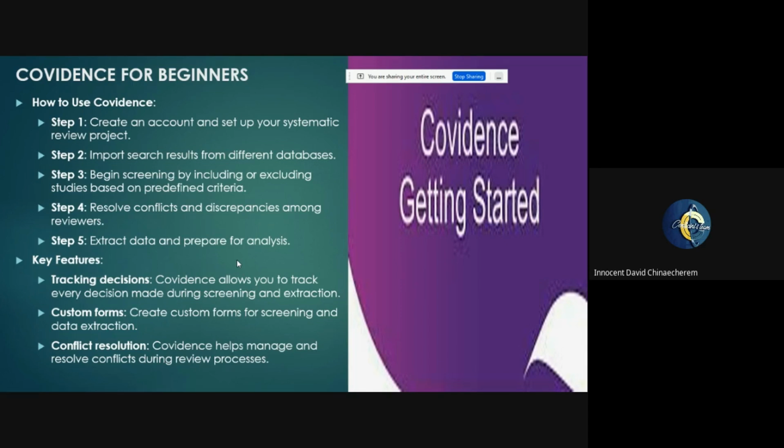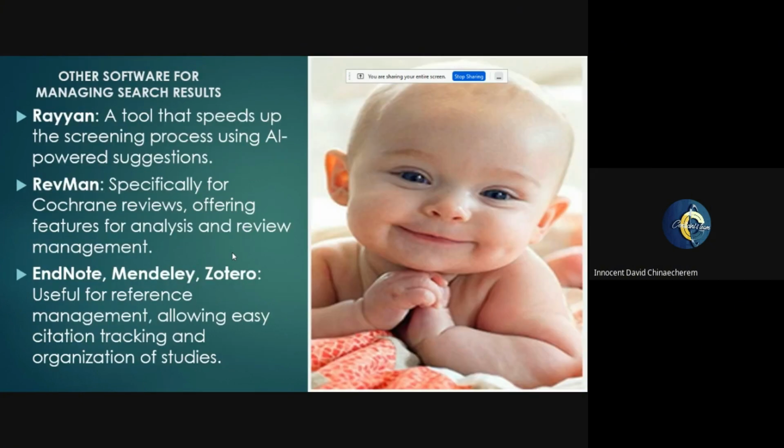I'm going to show how we can modify the forms, because definitely we'll have several research questions that might not suit the default forms that come with the software. I'm going to make it very simple to customize our forms for screening and data extraction, and also how we can resolve conflicts. Covidence has that particular feature that helps us to resolve conflict and address this during our review process.